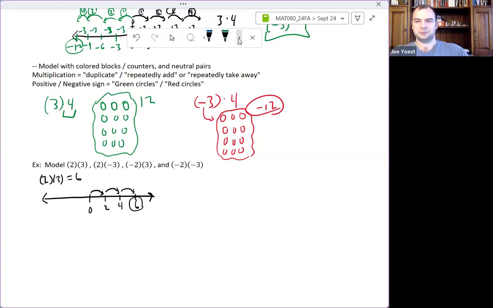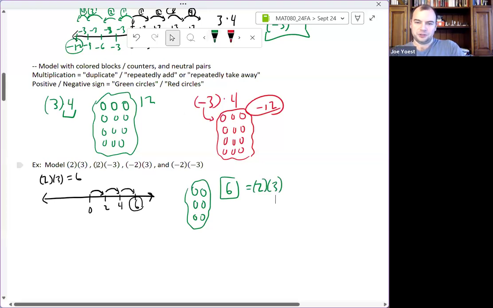So starting out pretty simple here. Or I want two green counters duplicated 3 times. There's a second set of two green counters and a third set of two green counters. Overall, I have 6 counters of the green type, so I leave it as a positive number. So that's 2 times 3.